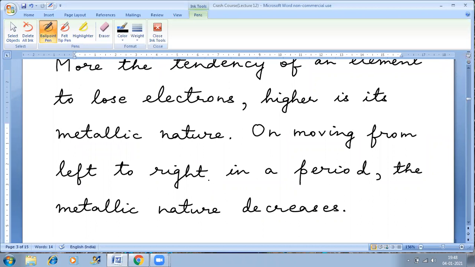So just remember, if anything increases in a period, that is from left to right, then that particular parameter will decrease down the group. And anything which decreases from left to right will increase from top to bottom. So you can just remember one, the other will be opposite. If something is increasing from left to right, the same thing will decrease when moving from top to bottom.